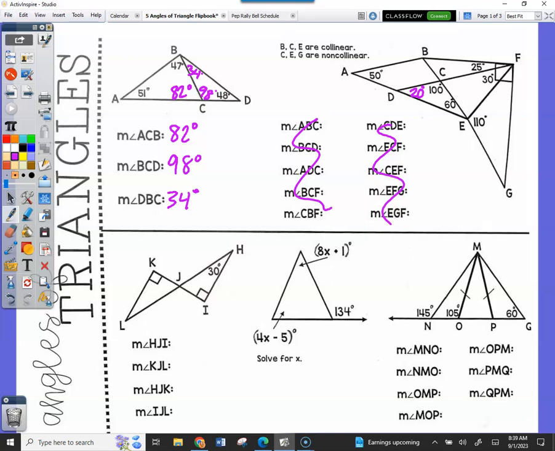Then when you're done with the picture, then come over here and start trying to find the angles, because you'll have the picture labeled. So it'll just be a matter of reading the picture. Does that make sense? Don't use the questions to guide you. Use the picture, fill it in, and then when you're done with the picture, then answer the questions.